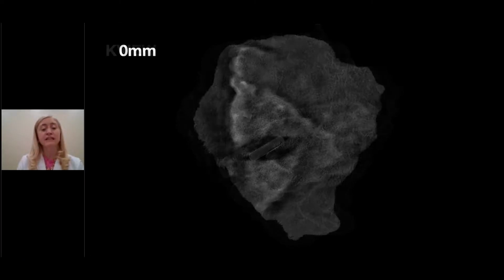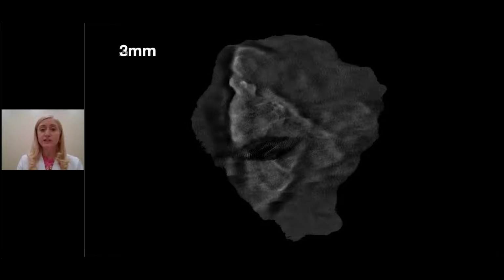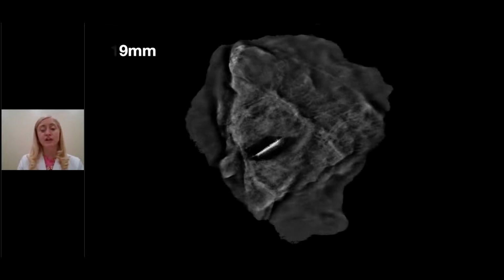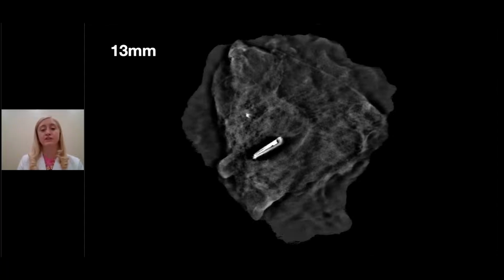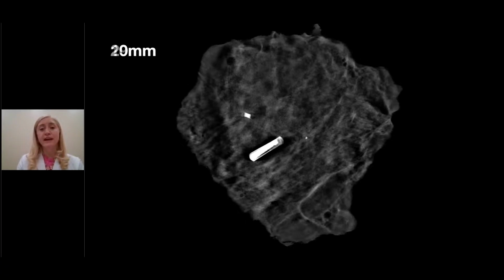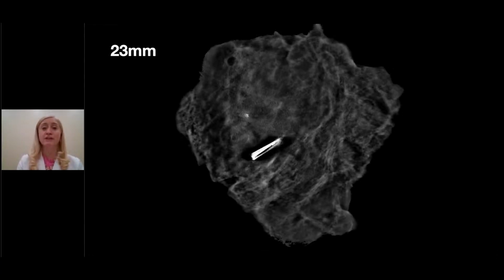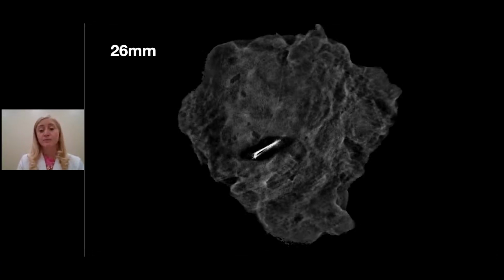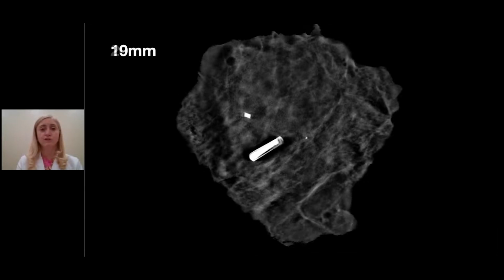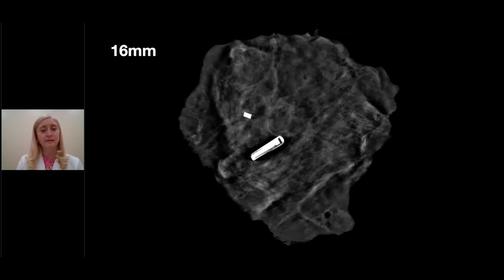So as you can see, these are 1 millimeter slices. And what's so great is that the software is going to tell you what slice you're on as you're going through. You are really able to assess that anterior and posterior margin. Your typical 2D image radiograph is going to show you your lateral, your medial, superior, inferior pretty well.